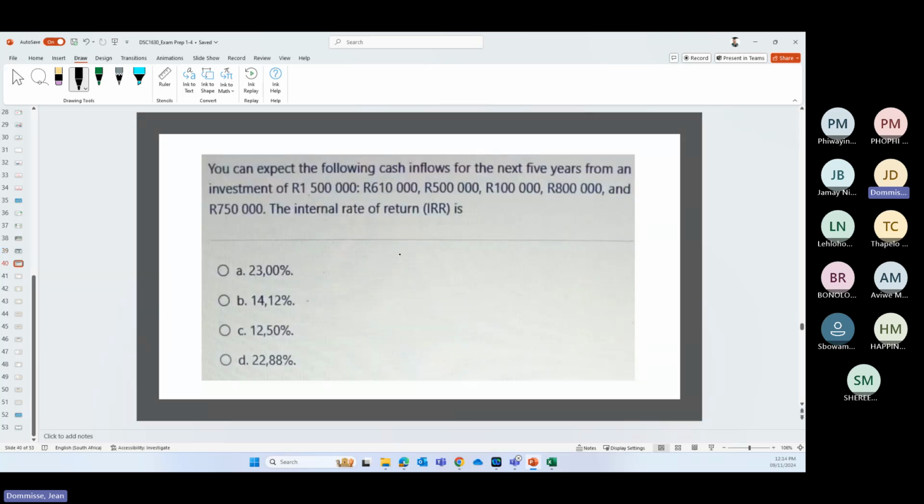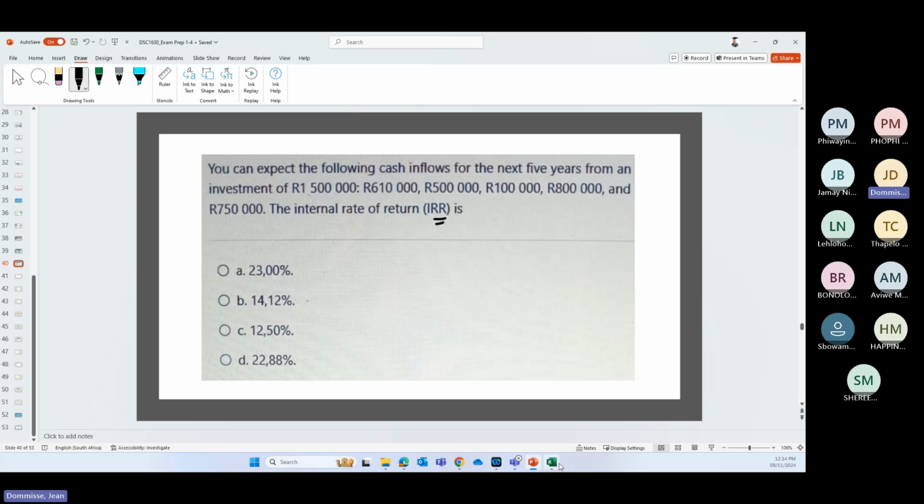Okay, so another one. Now we've got internal rate of return, and now they ask us to work this out. Again, I'm going to share with you all of the memos, because in there is also a way of doing it with your Sharp calculator or with the HP.